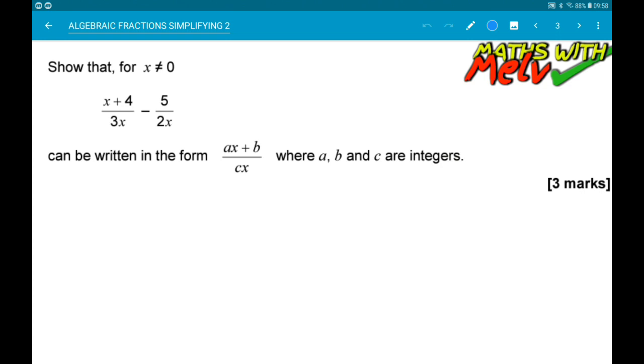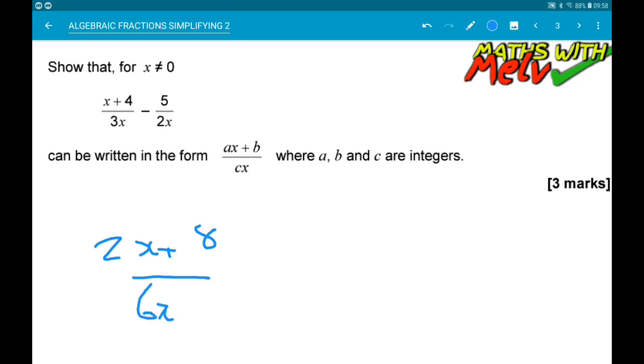So the common denominator here is going to be 6x. So we're going to multiply the first fraction by 2 on the top and bottom. So that's (2x + 8) over 6x.